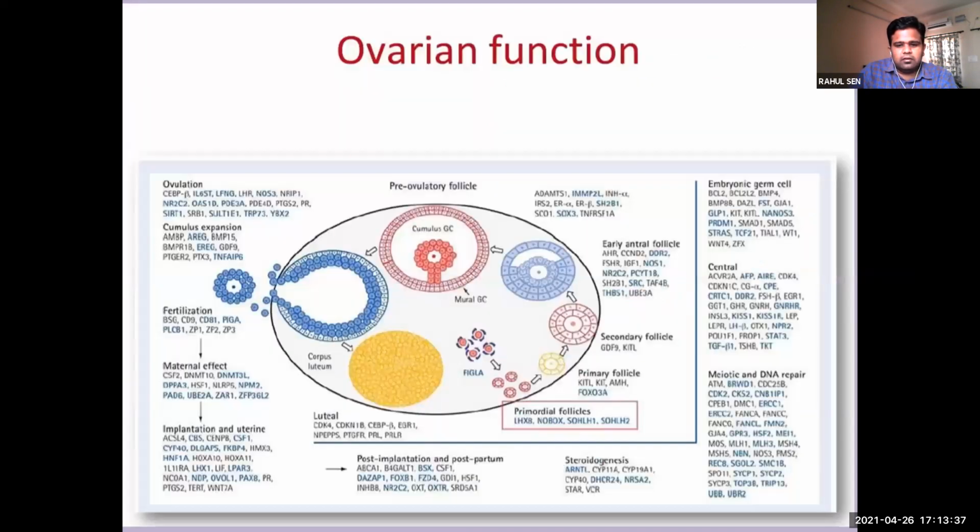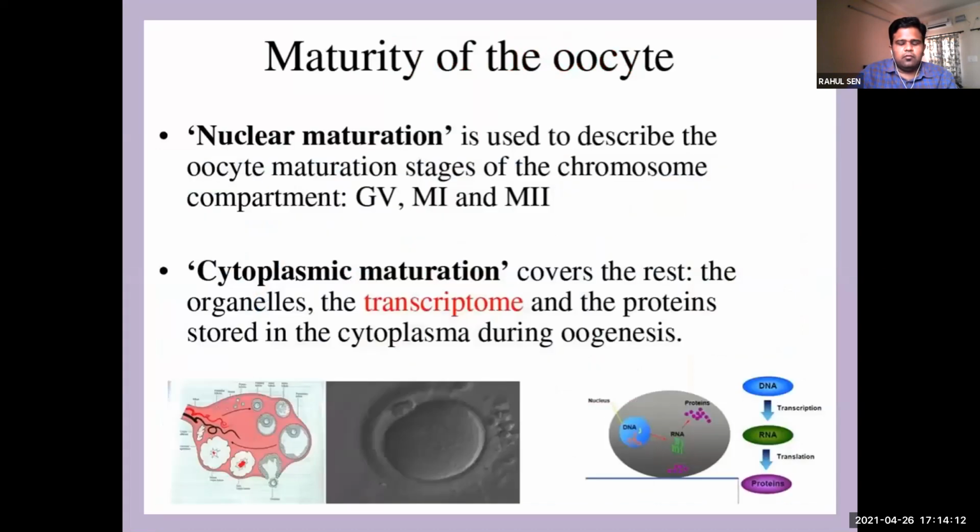But what we need to see differently is that a number of genes are responsible for all these events from oogenesis to ovulation. This synchronized working is needed not only physiologically, biologically, chemically, biochemically, but genetically also. Only then is a good quality, healthy oocyte ovulated and later fertilized to form an embryo.